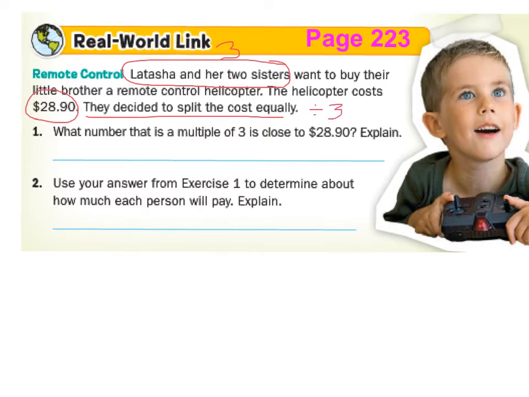So what number that is a multiple of 3 is close to $28.90? Well, that makes me think of $30, because I could divide $30 easily by 3. So each person can expect to pay about $10.